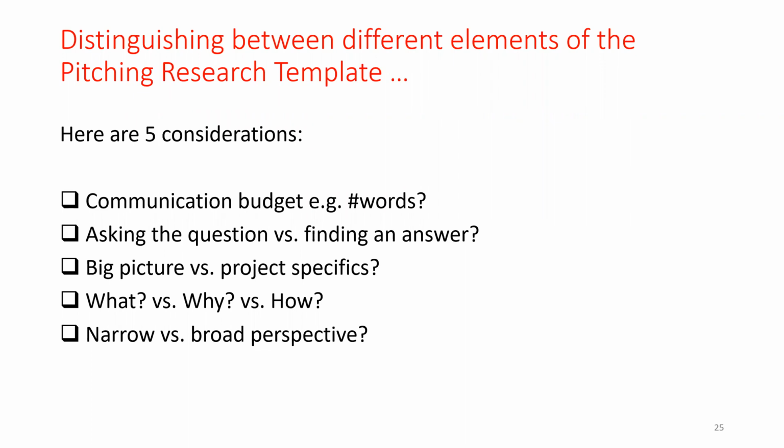Is it asking a how question? And the 5th consideration is, do you take a narrow perspective or do you take a broader perspective? Now, in combination, if you take a positive view to each of those 5 considerations, you should be able to delineate the difference in a meaningful way between the elements of the pitching research template.